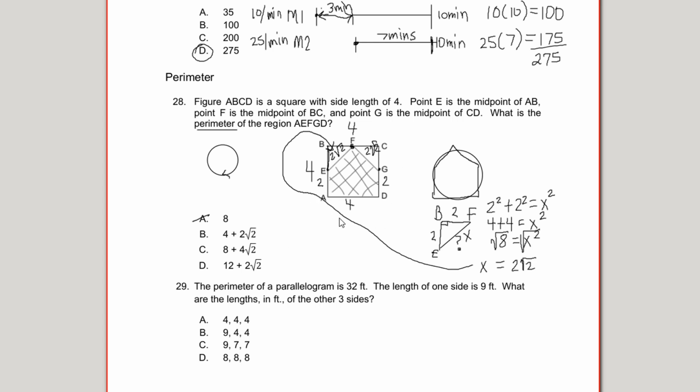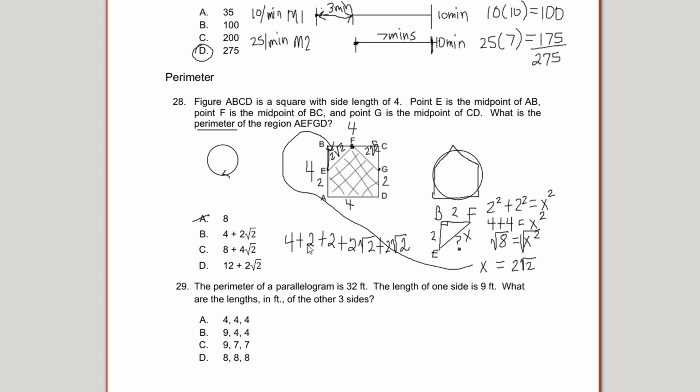So when we're adding this up, we're going to add up 4 plus 2 plus 2 plus 2 times the square root of 2 plus 2 times the square root of 2. Right here, we almost treat radicals sort of like we do variables. We can only add up things that are alike in how they're formed.